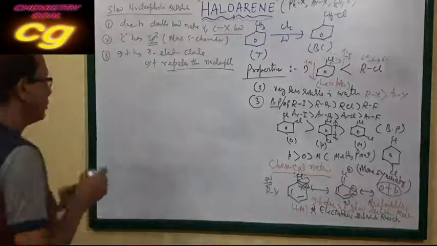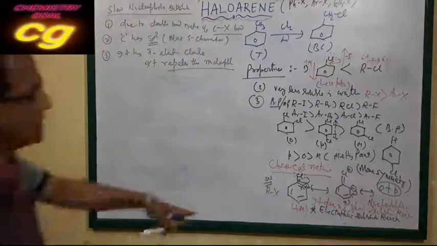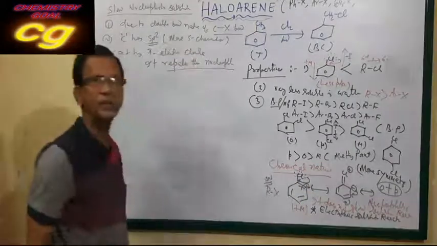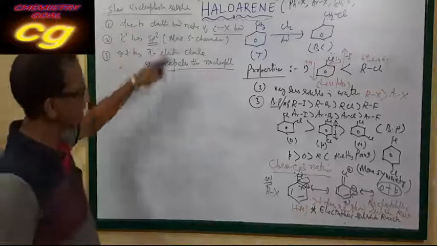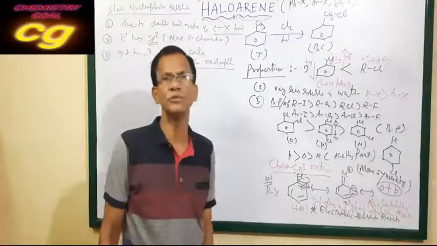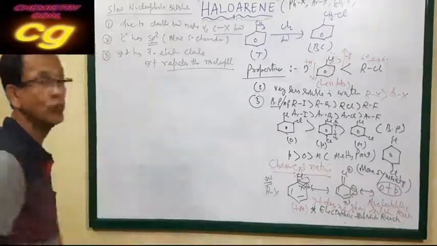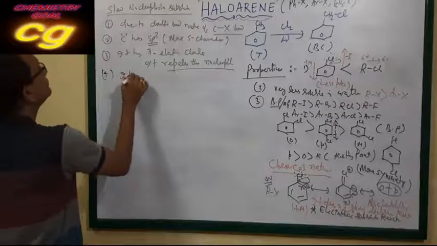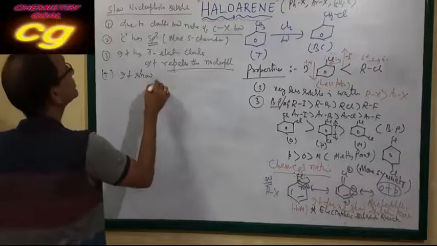The nucleophile will be repelled by the benzene ring, due to this electron cloud. That's why it cannot show nucleophilic substitution reaction. But generally, it shows which reaction?